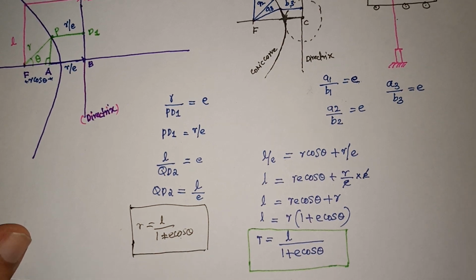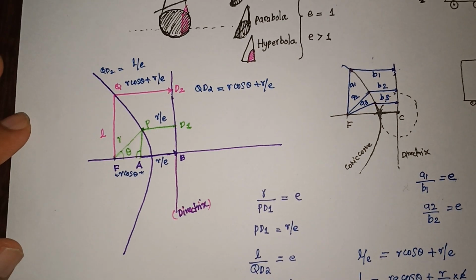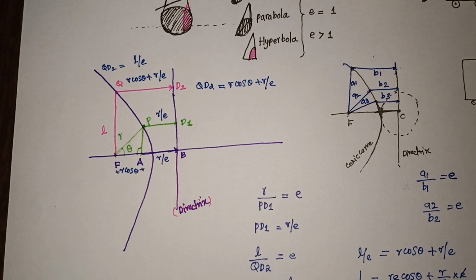I hope this video is clear for you, and if there is any confusion regarding the geometries, please let me know. This is pretty simple. If you want me to explain once again, please let me know, we'll do that again. This is self-explanatory based upon the geometry.